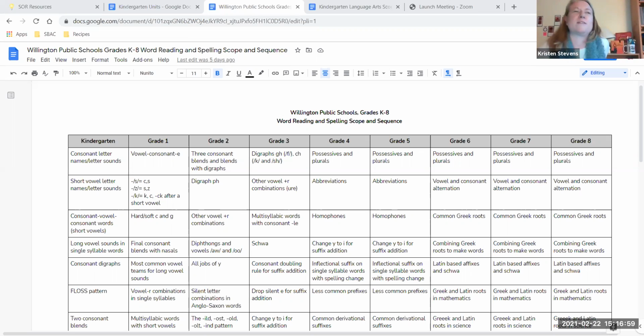But again, like I said last time, we're using the Readers and Writers Workshop manuals. They provide the structure for the engagement, but I had to do a lot of work incorporating the skills, the brass tacks, I think that's what I was calling it last time. There are definitely some holes in the Readers and Writers Workshop as far as foundational skills.